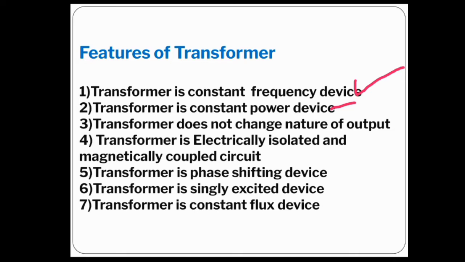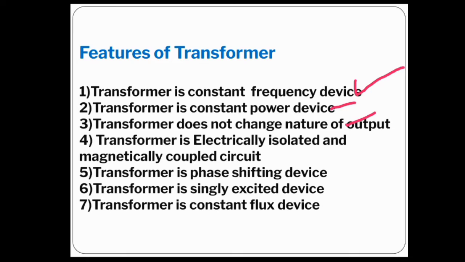So there is no change in the nature of the power. For example, consider the generator. In a generator, the input is mechanical energy and the output is electrical energy. So there the nature of energy changes, but the transformer does not change the nature of output.